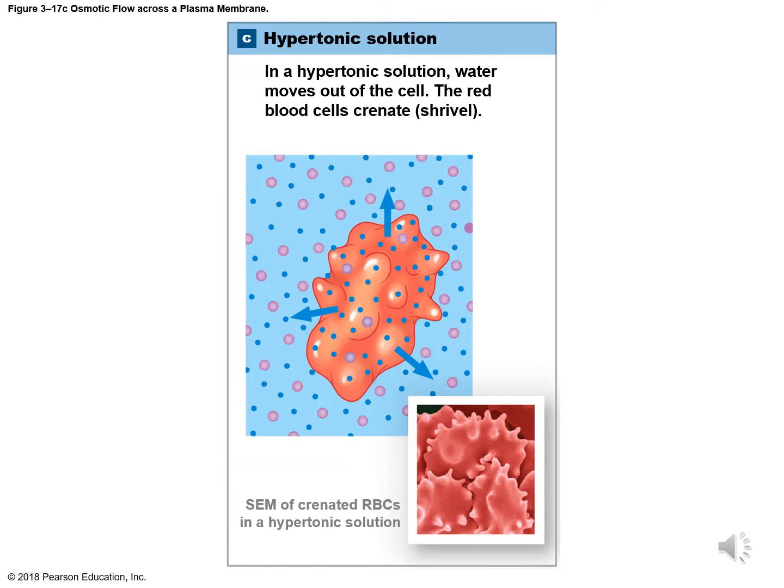With a hypertonic solution, hyper means more than, so there are more solutes in the solution than inside the cell, which means that there's more water inside the cell than outside, because we want to have it equal 100% solution. The water, therefore, will move out of the cell, trying to dilute the solution that is surrounding the cell, and it's going to do this movement via osmosis.